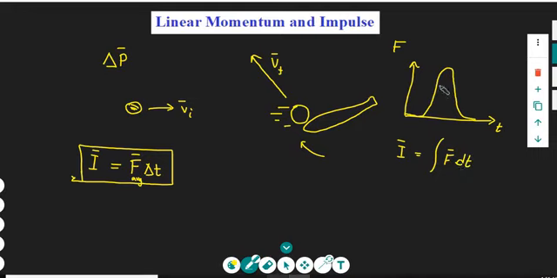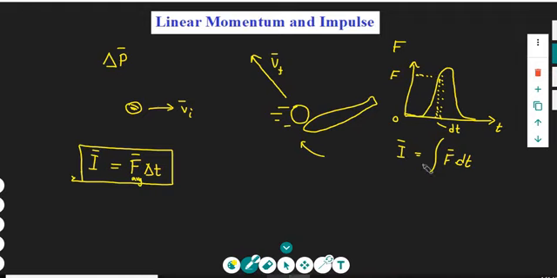It converts into dt because we are looking at an infinitesimally small time interval. Let's call that dt, and at that point, that's the force we are looking at. So this is the realistic way of defining impulse.